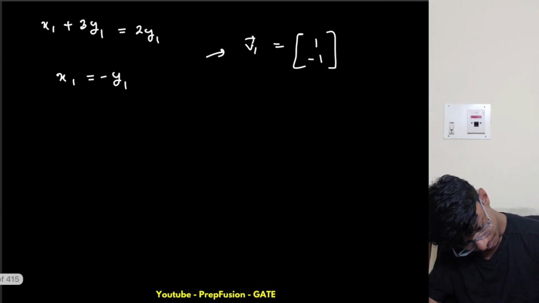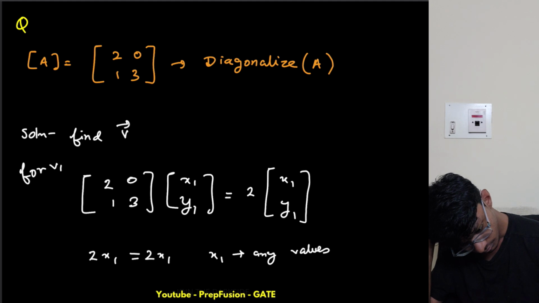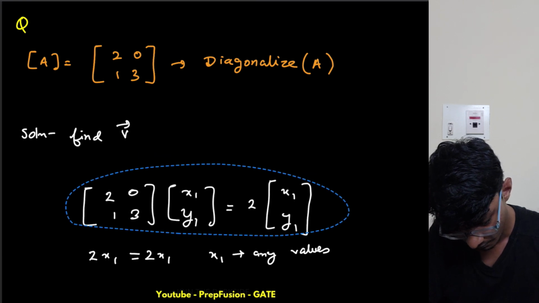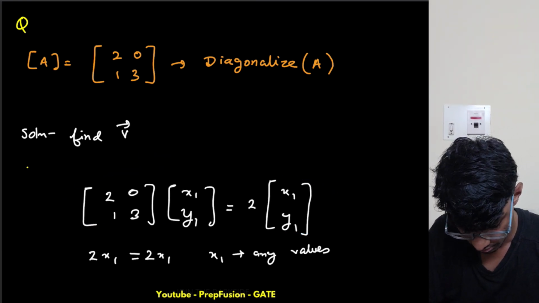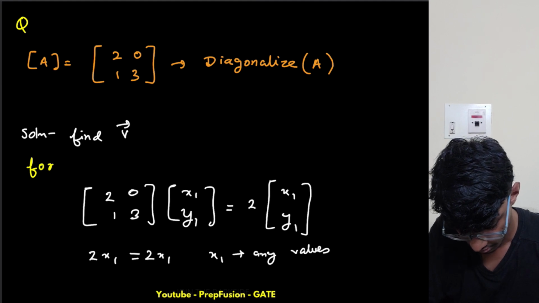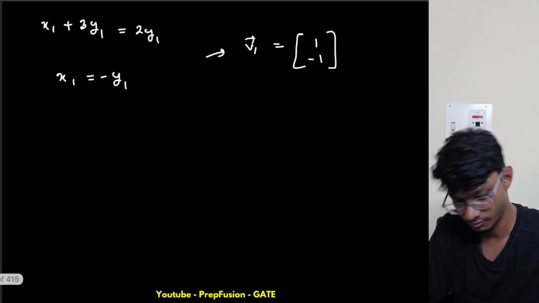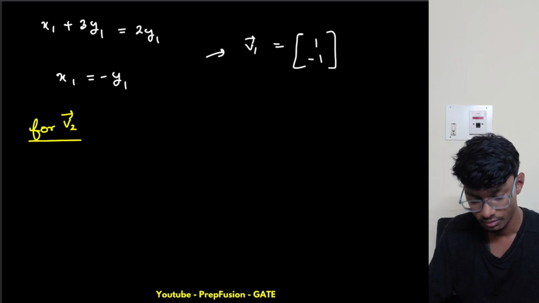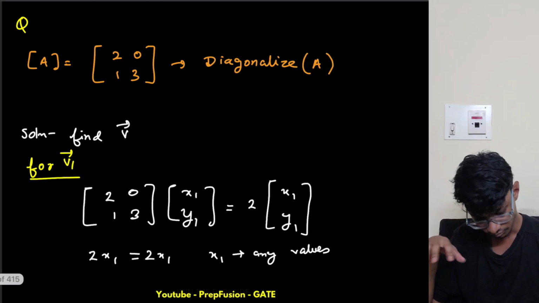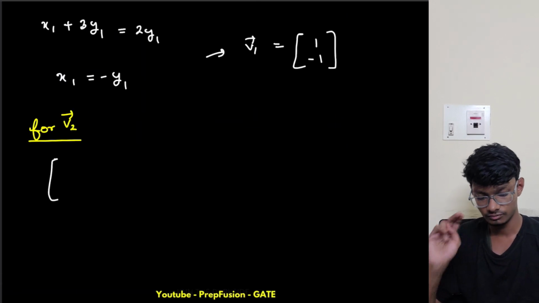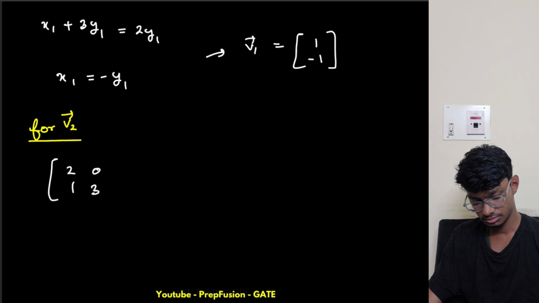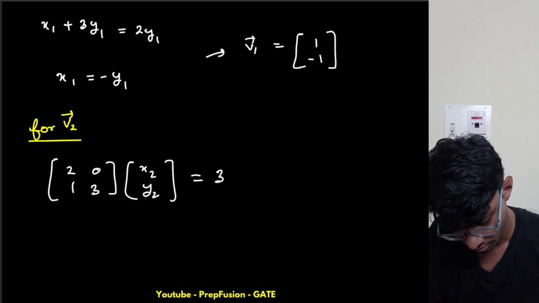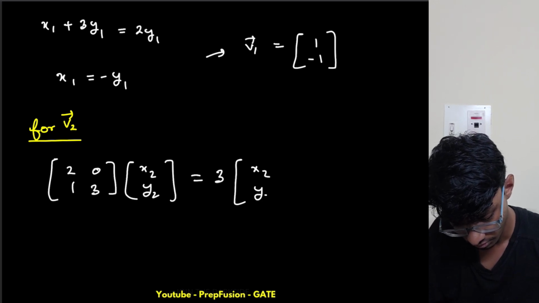Now what about v2? For v2, again, the second eigenvalue, which is 3. (x2, y2) equals 3 times (x2, y2).